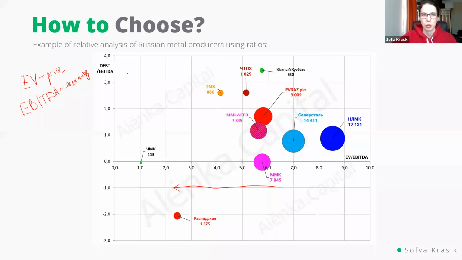And what would you answer to the same question about the debt to EBITDA ratio? What would you want your company's debt to EBITDA to be? So you would invest in it. Would you prefer a low debt to EBITDA, or would you prefer a high debt to EBITDA ratio?